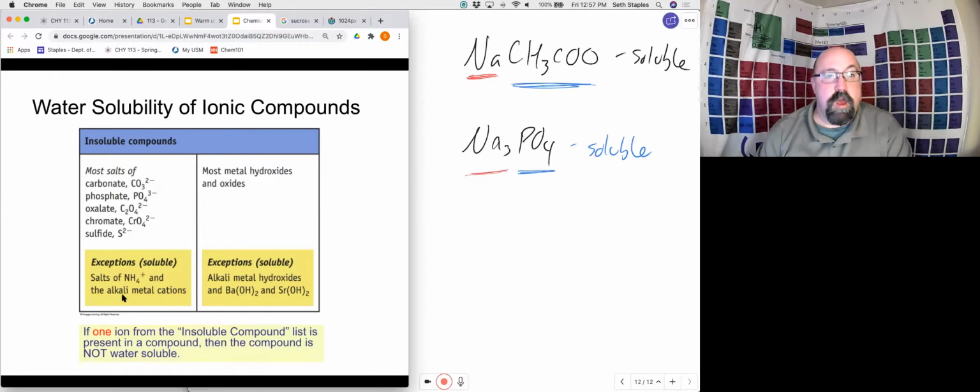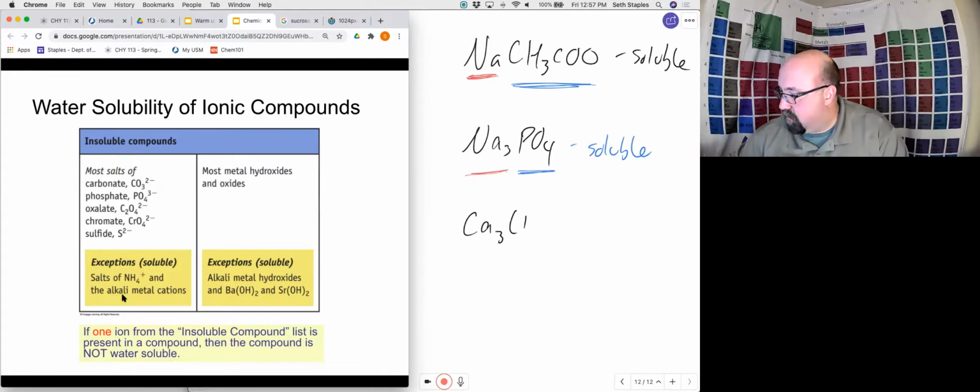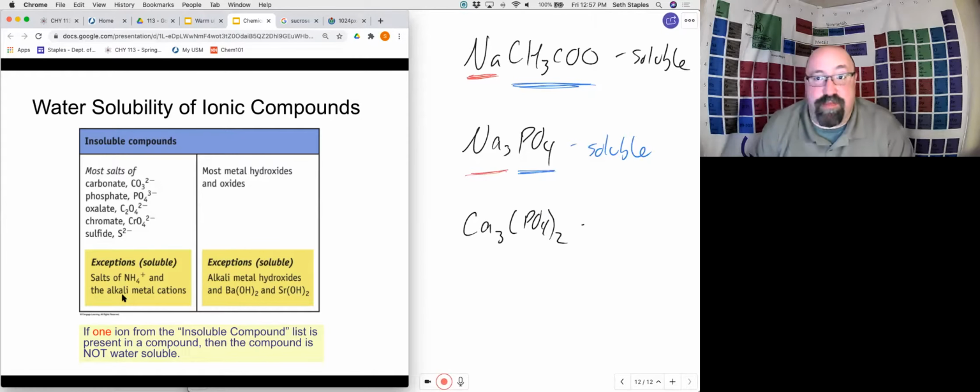soluble. On the other hand, let's say I had calcium phosphate instead. Now, if you're unsure where I got these formulas, the Na3PO4, Ca3(PO4)2, go back and look at all the information and all the resources on coming up with chemical formulas, because that's a very key part.